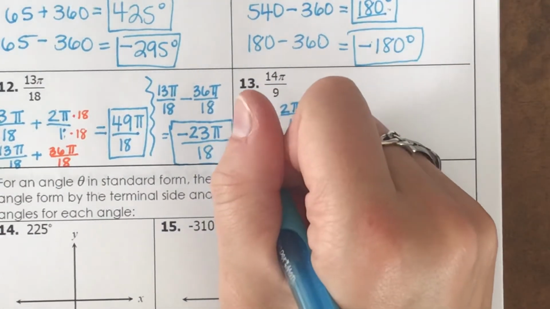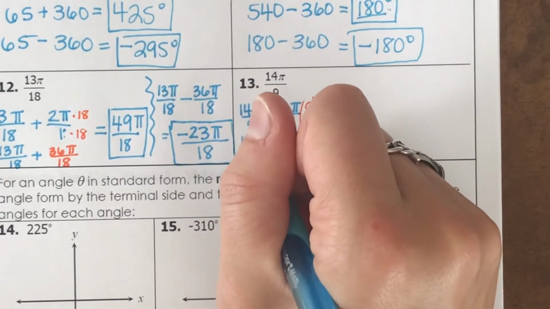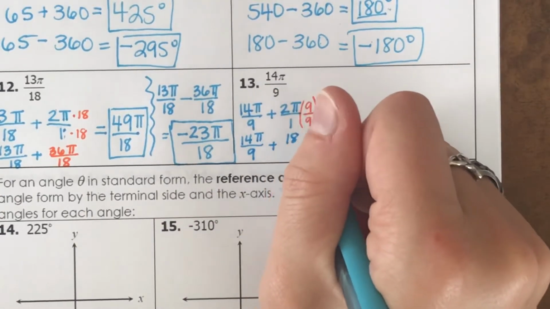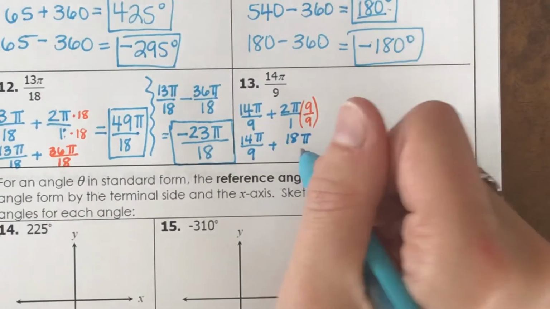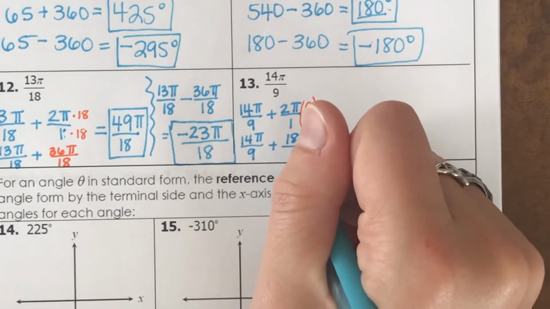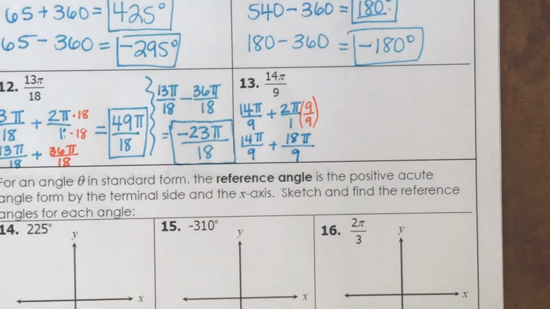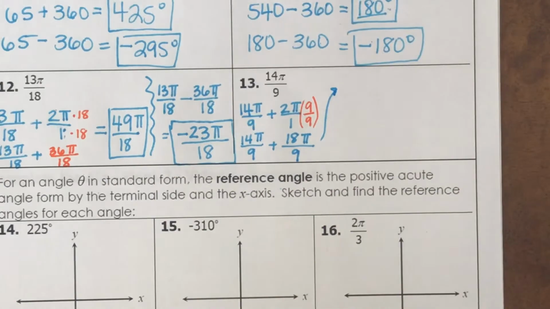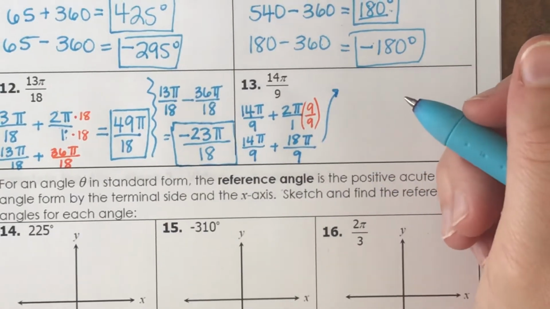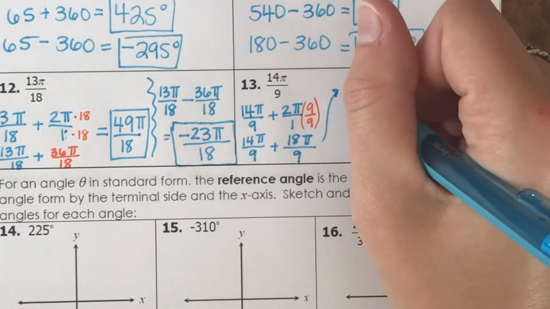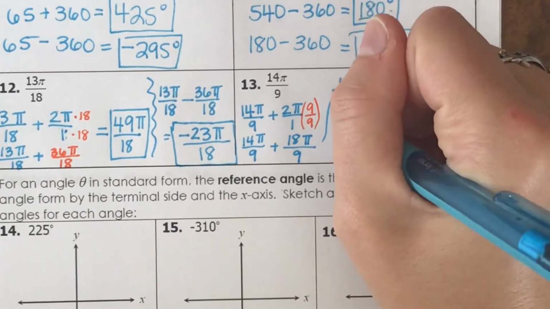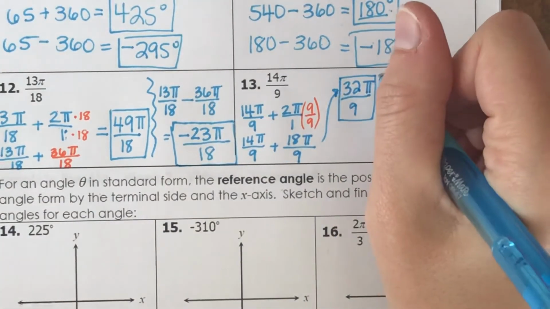So I really have 14 pi over 9 plus 18 pi over 9. All right, so when I add those numbers together, I get 32 pi over 9 as my positive.